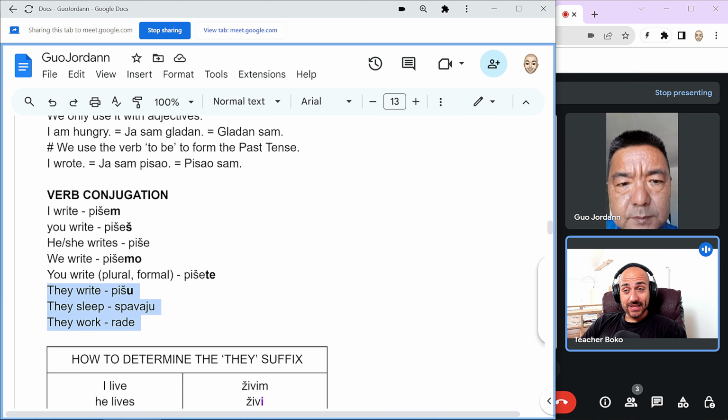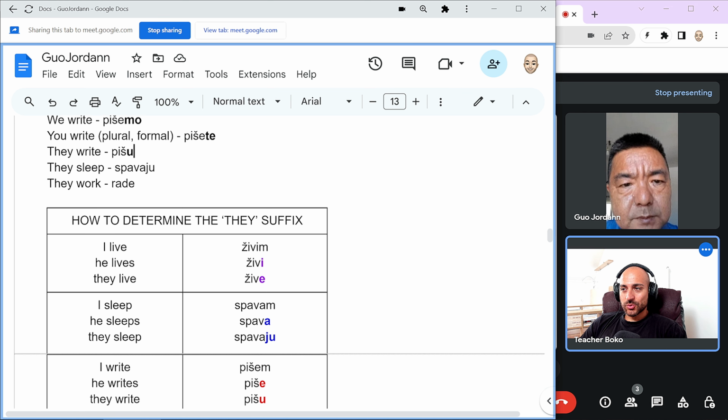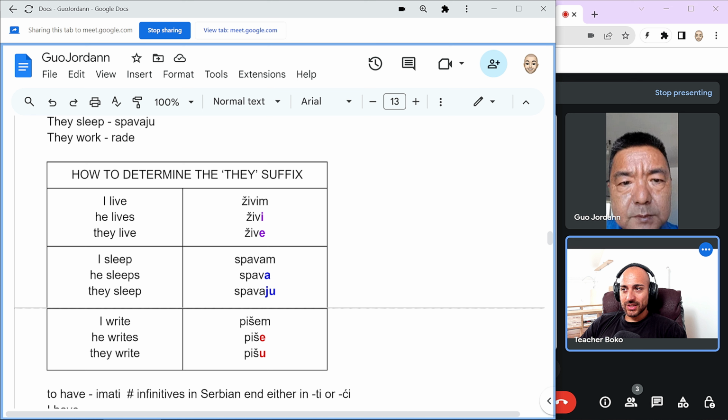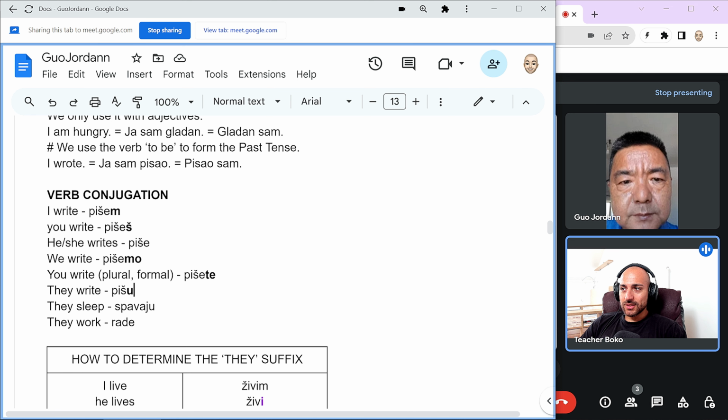But for they, you have these three patterns. So how do you know how to make the they form? I've created this little table to show you. So we call this piše, we call that a stem. The stem is that part of the word without the suffix, which is basically the same as he/she, because the he/she form never has suffixes.